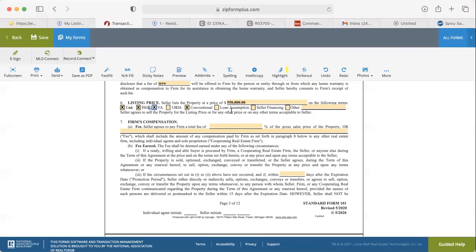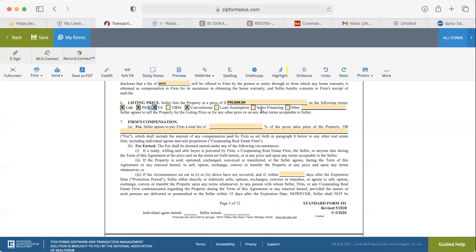Loan assumption depends on the kind of loan that the seller has. All conventional loans today are not assumable. FHA loans and VA loans are assumable, but they have to qualify. So the buyer, if they were assuming a VA loan, the buyer would have to be a veteran and have eligibility to purchase under their own VA status.